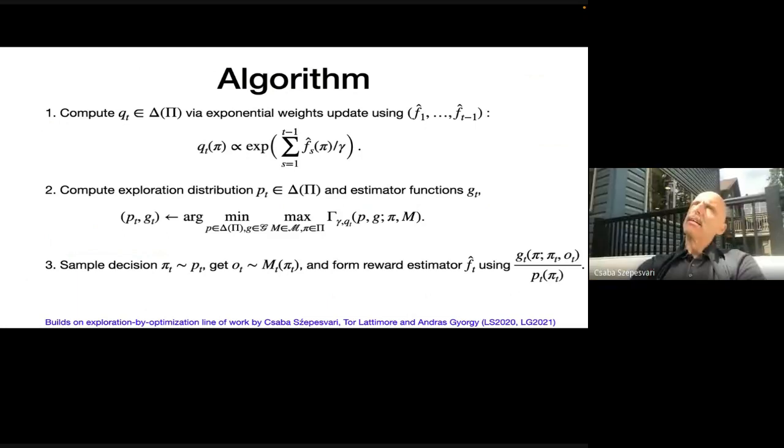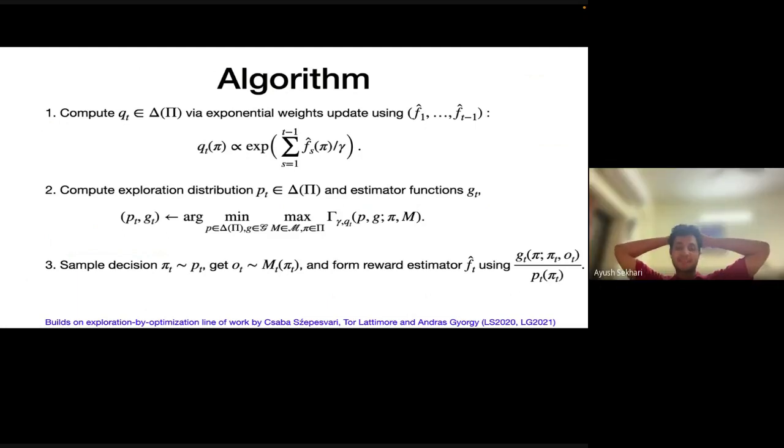Okay. Cool. Thanks. But I should say, I really like the idea of just putting in an estimator and then solving the min-max problem, and that's the complexity in some sense.